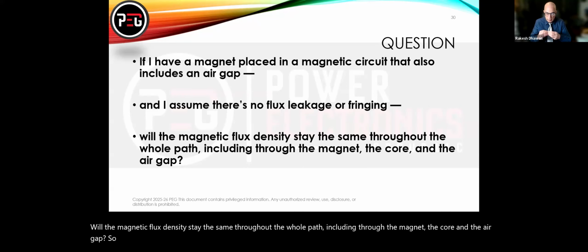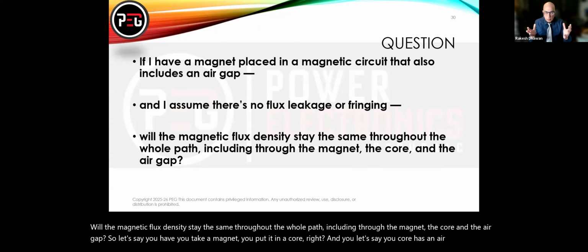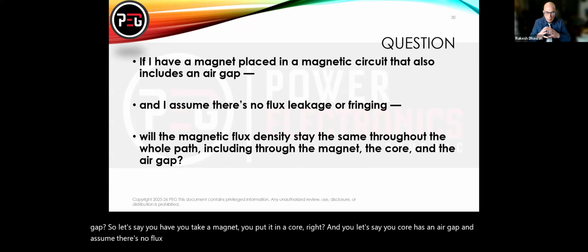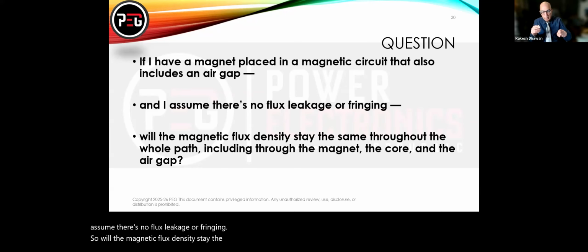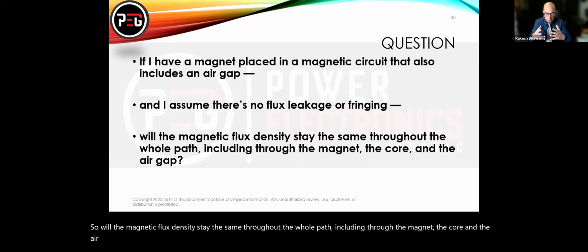So let's say you take a magnet, you put it in a core, and let's say your core has an air gap, and assume there's no flux leakage or fringing. Will the magnetic flux density stay the same throughout the whole path, including through the magnet, the core, and the air gap, right? So this is one question we're going to wrestle with.